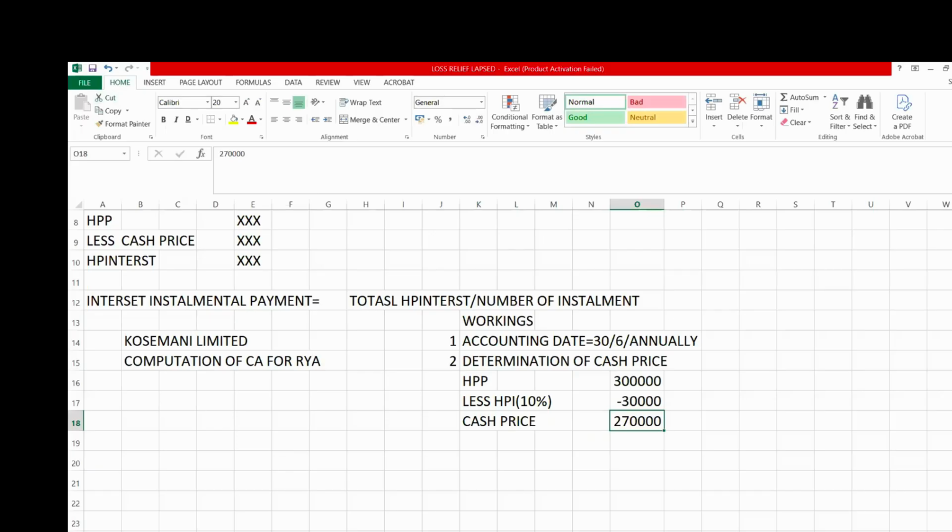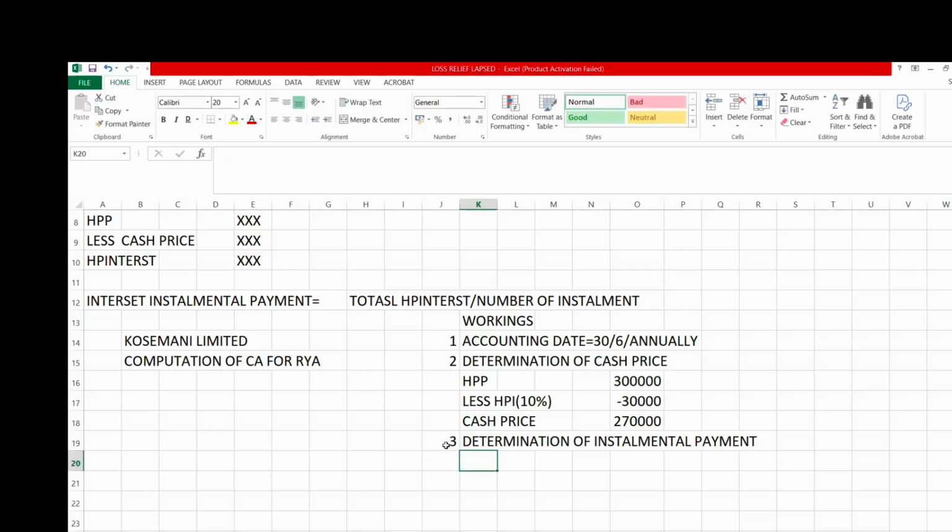Out of this cash price, we need to know how much is the installment payment and what is the stream of the installment payments. From this cash price, we need to know the total installments. So, determination of installment payments.